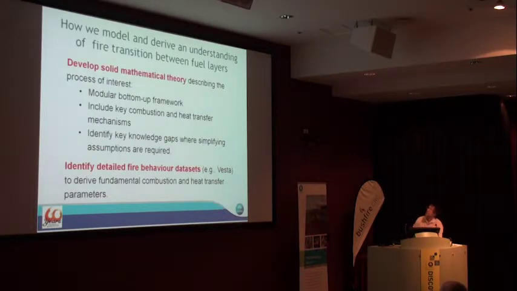So what we did, how we started the process? Well, first we need to go and develop a mathematical theory of these different processes of fire propagation. Essentially, we are building a physics-based model here, and our idea was to apply a modular bottom-up framework, modular on the basis that we have a lot of processes, a lot of things happening, and there's a lot of things we don't know about fire.